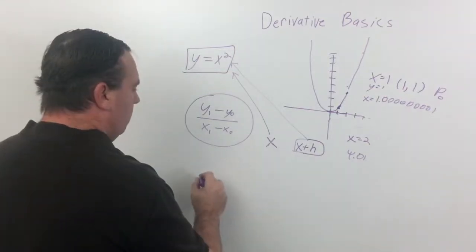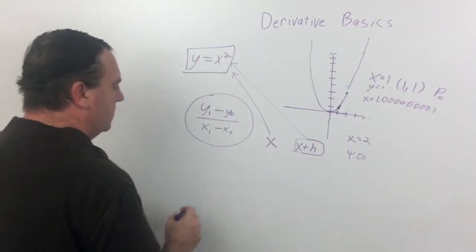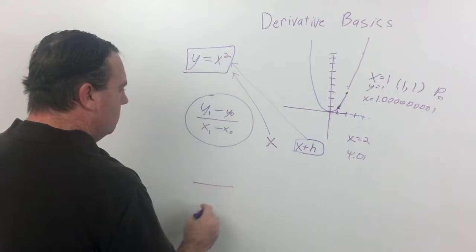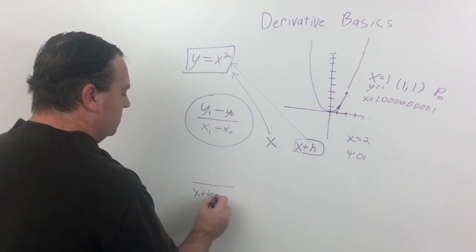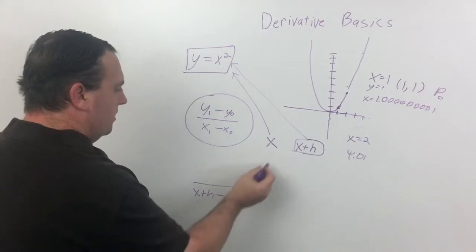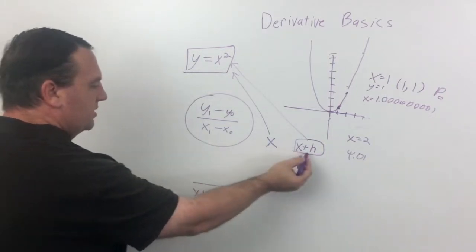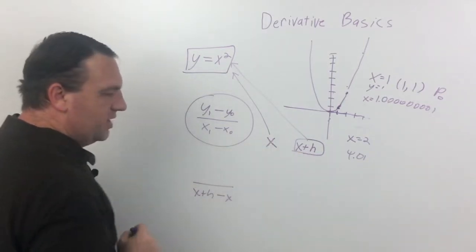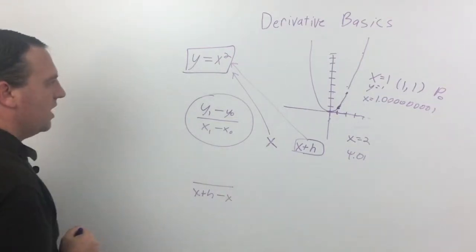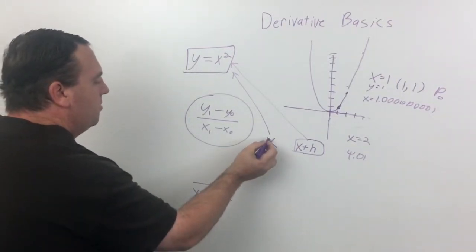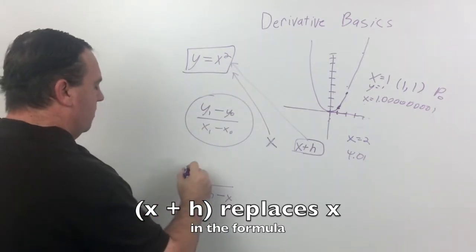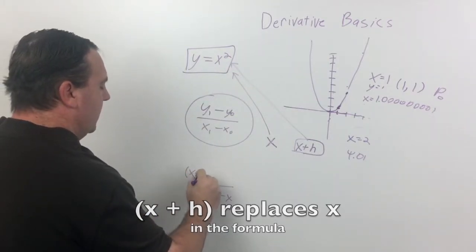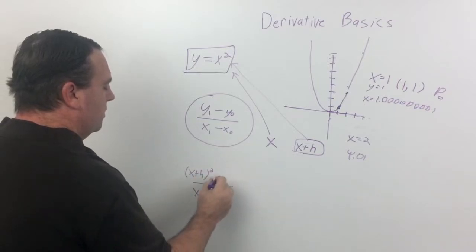So going back to this formula, on the bottom, our x1 is going to be x plus h minus x. Okay, so our x1 is x plus h, and our x0 is just x. On the top, if I put x plus h in for x in this formula, I'll get x plus h squared.